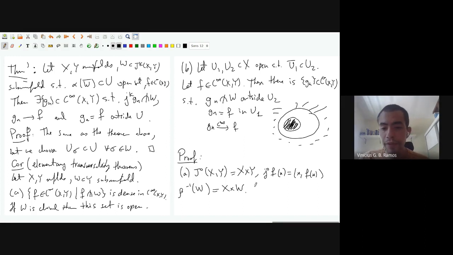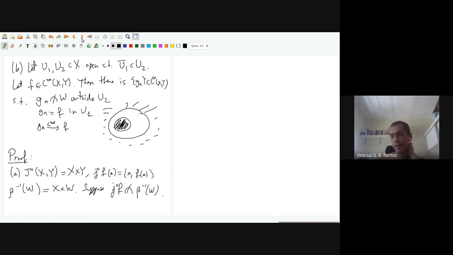So suppose that J0 of f is transverse to beta inverse of W. So we know there is a dense set of functions that satisfy this condition. So what we're going to see is that this implies the simple transversality, that f is transverse to W. Okay, this is almost obvious, but I think it's worth writing down.